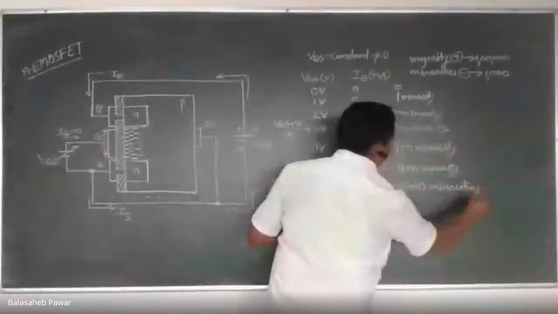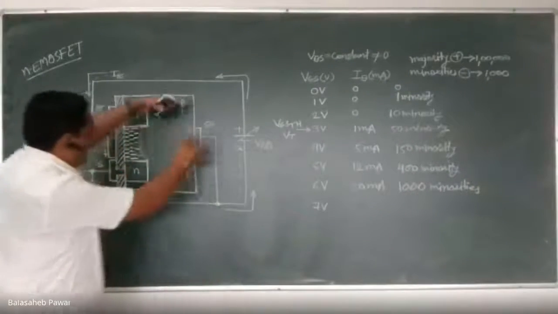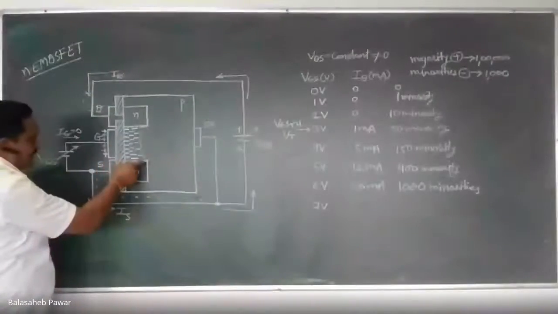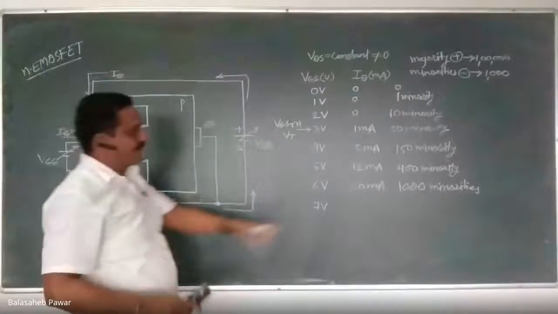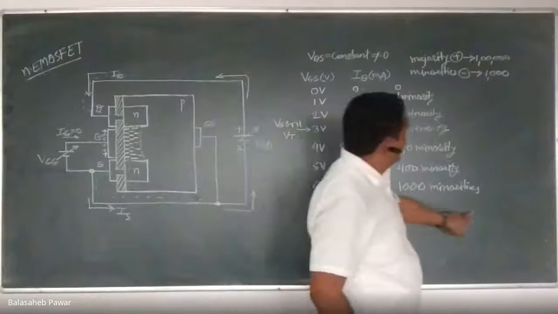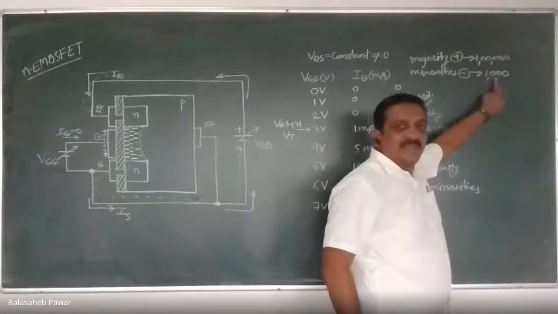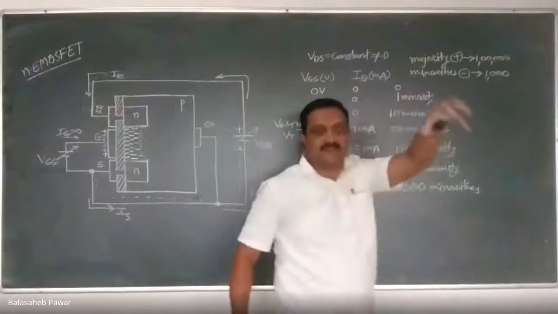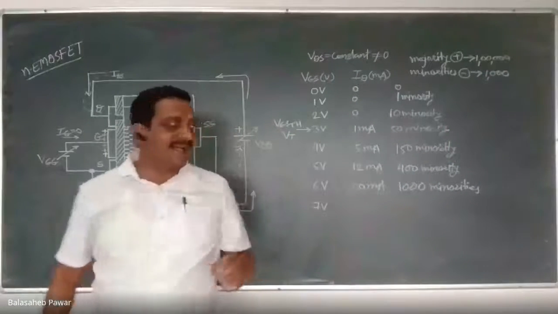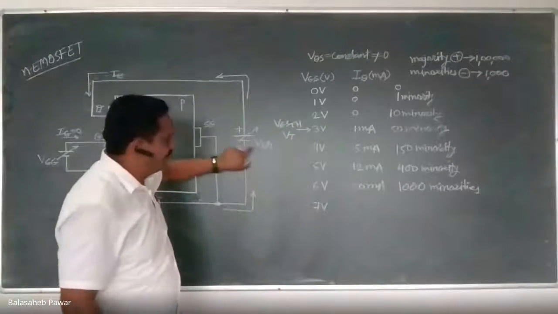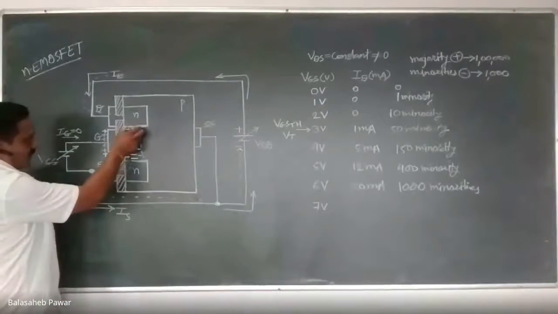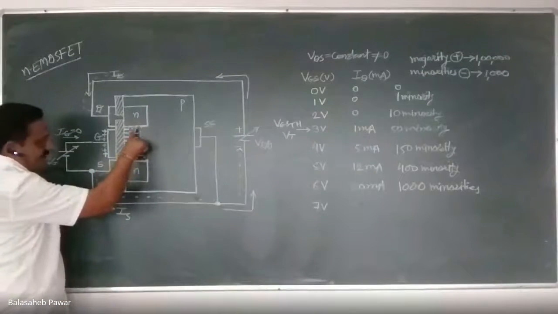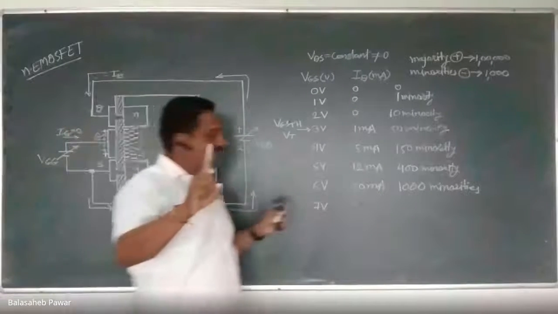The total density, or number, of minority charge carriers accumulated in this region goes to 1000, which is nothing but the maximum available minority charge carriers in that P-type substrate. Right. Again, if I increase this VDD from 0 onward, what will happen? The total number of charge carriers flowing between this region will be 1000.